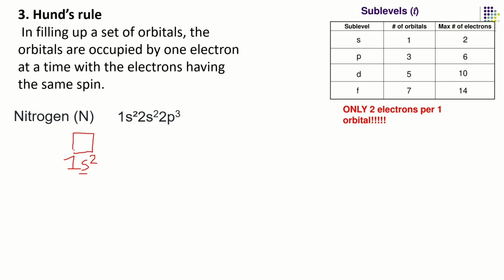Next one is 2s2. So we have s sublevel, another box, and next is 2p3. In the p sublevel, we have 3 orbitals. So let's draw 3 boxes.